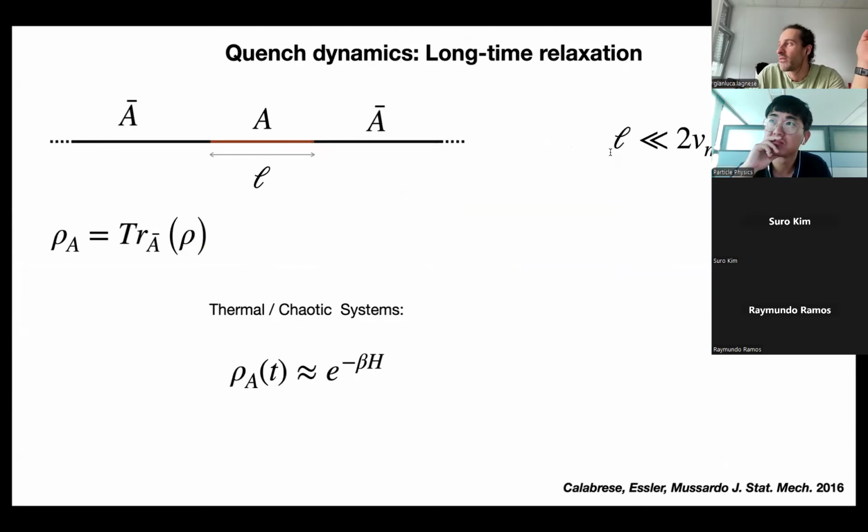When you have a well-defined quasi-particle picture, it means the quasi-particles have traveled enough, and locally this subsystem can thermalize in this sense. The other part of the system is behaving as a bath.